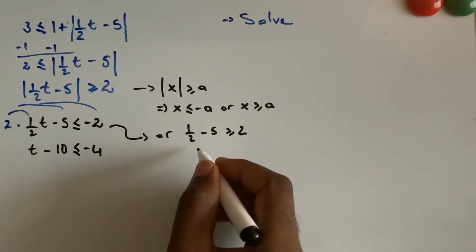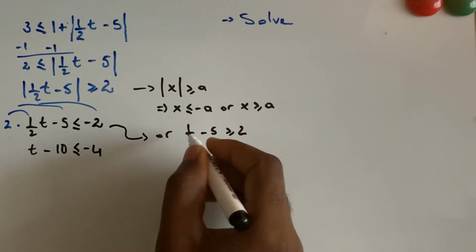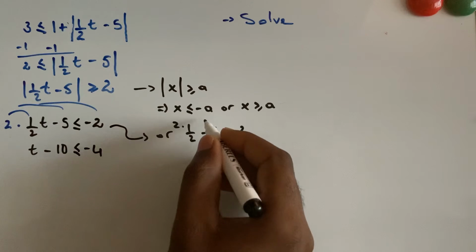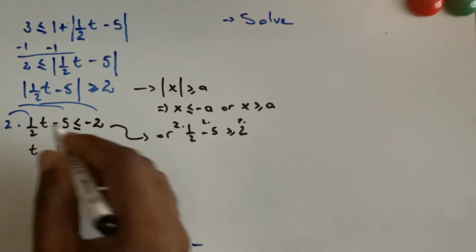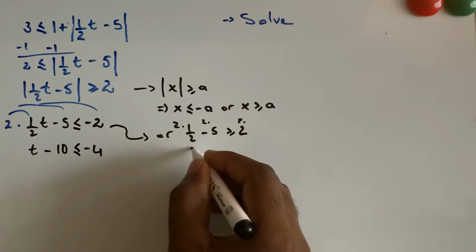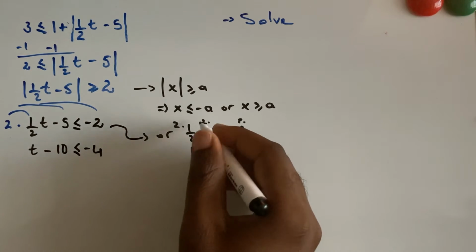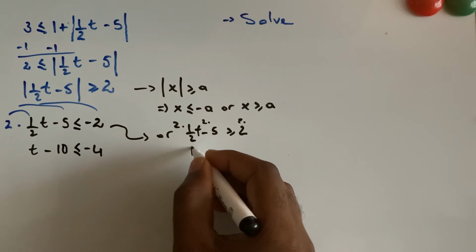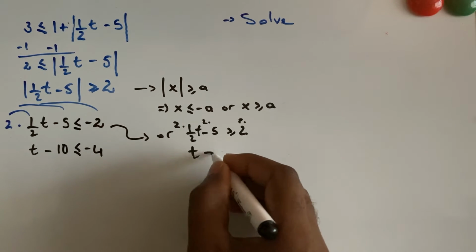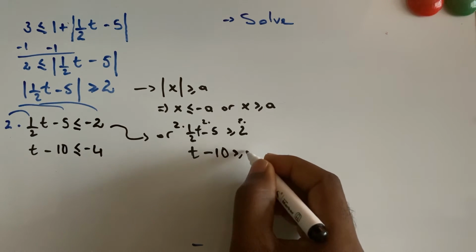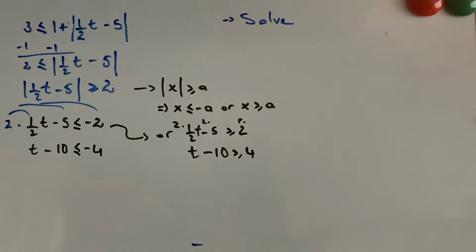And I can solve this simultaneously. So by 2 again, everything by 2, just like the left. This will be 2/2, which is 1. Forgot to put the t here. Let me put t. So just t minus 10 greater than or equal to positive 4.